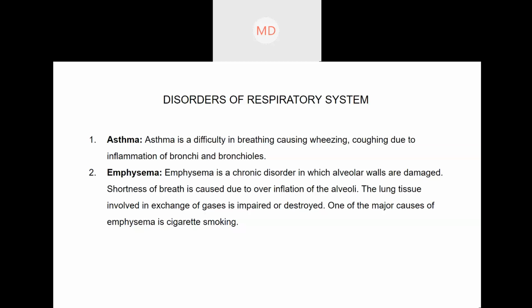For example, the common cold is caused by rhinovirus, and that is why it transmits from one person to another. When your sister gets a cold and you live in the same house, you happen to catch it. That is due to the virus.